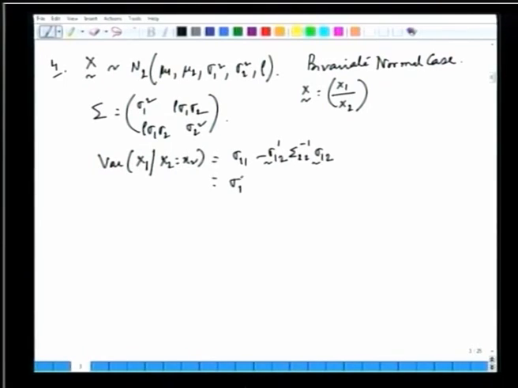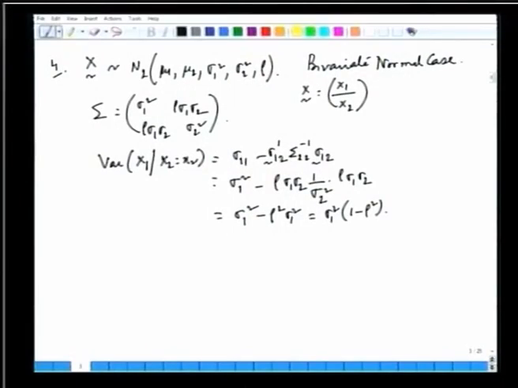Sigma 1 1 is sigma 1 square, this is rho sigma 1 sigma 2, 1 by sigma 2 square, and then again rho sigma 1 sigma 2. This gives me sigma 1 square minus rho square sigma 1 square. That is what we are looking for. This is sigma 1 square times 1 minus rho square.